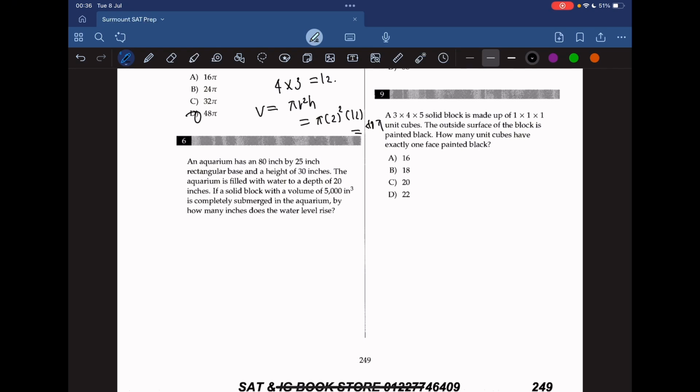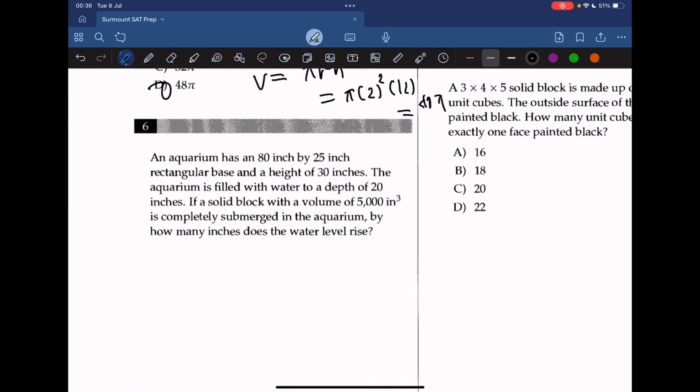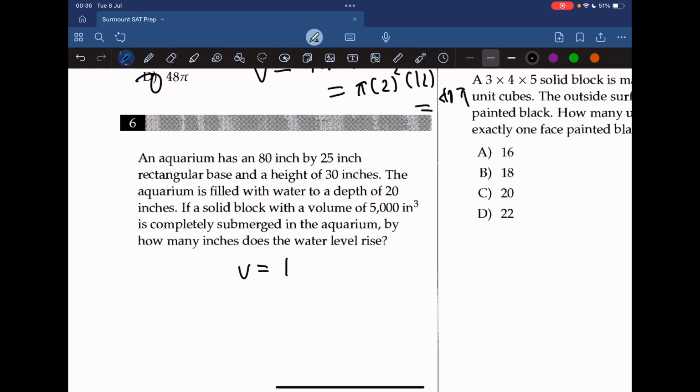To do that, we can first express it in terms of the volume. The volume is just the length times width times height because it's a rectangle, right? We just plug in the values that we know. So we know that the volume is 5,000, the length is 80, and the width is 25. And we have the height.